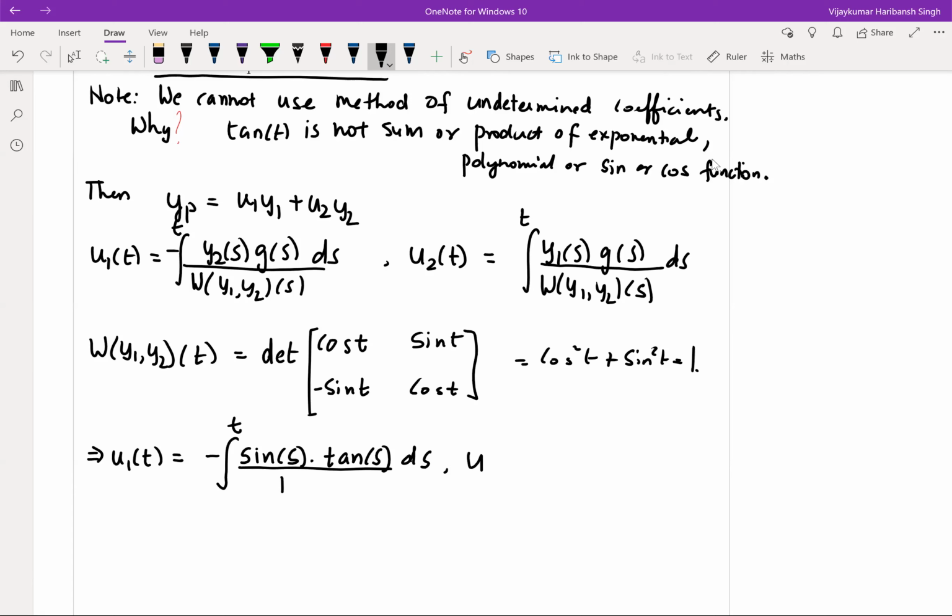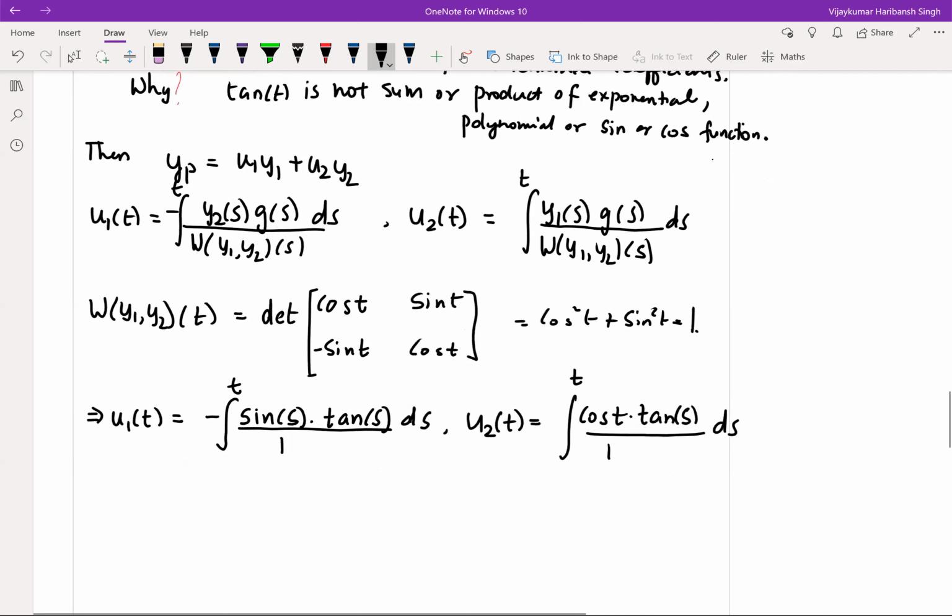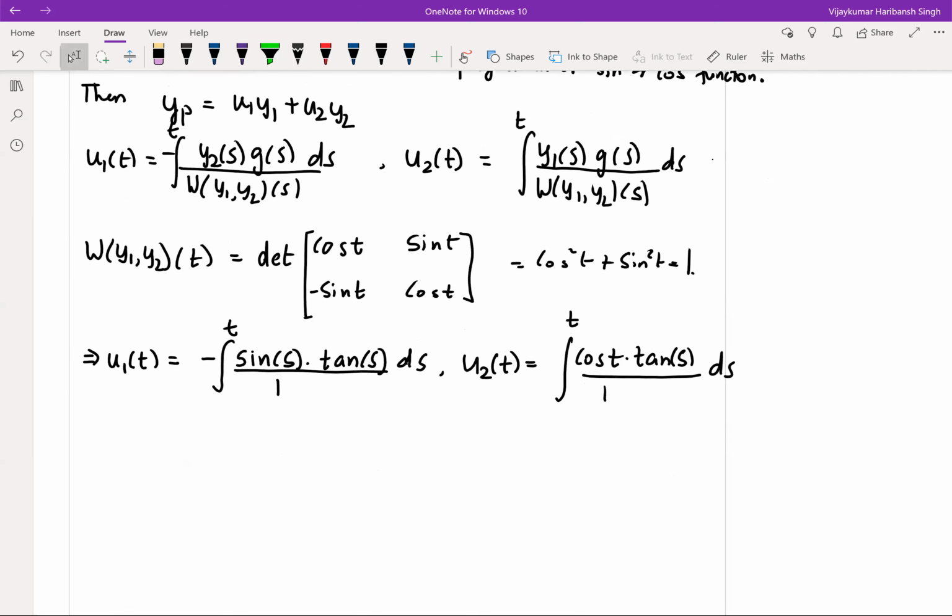Similarly, what is your u2? u2 of t is the integral of cos s, that is y1, times g, which is tan s upon 1, ds, and then after the integral you substitute t. So let's work this out. Note that the Wronskian is non-zero, of course, because these are fundamental. So let's compute the first one, u1.